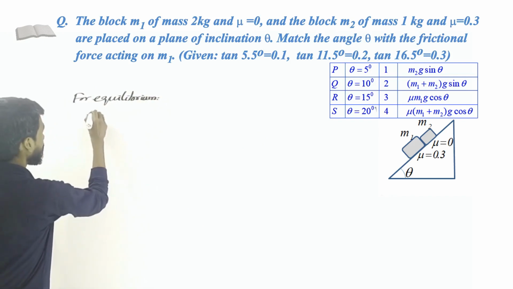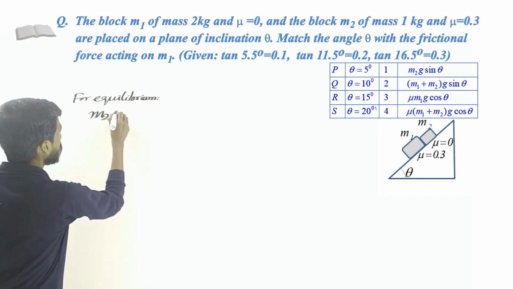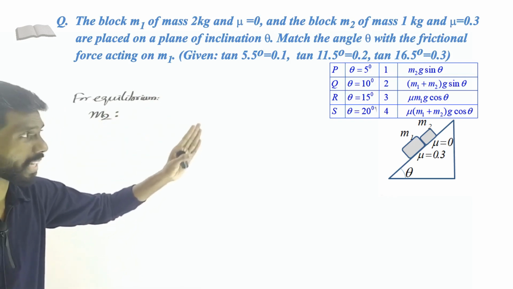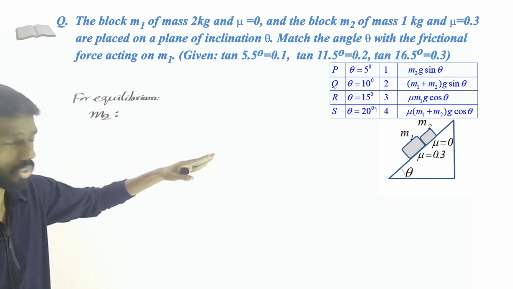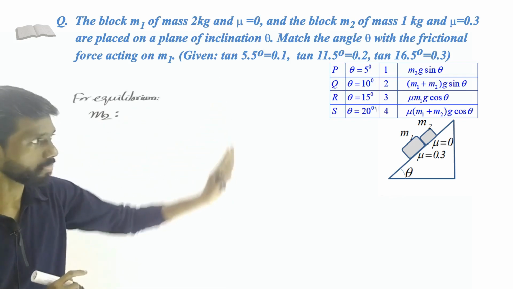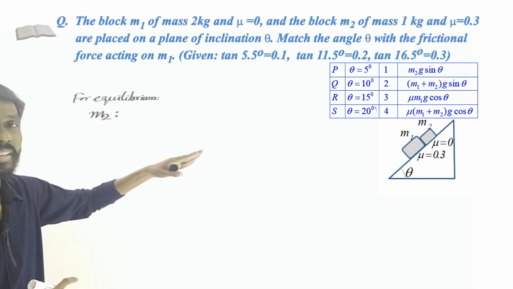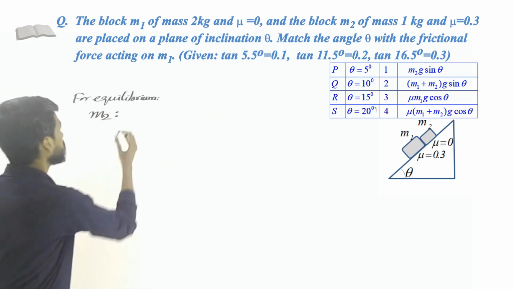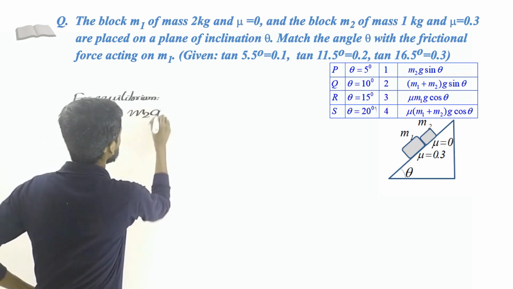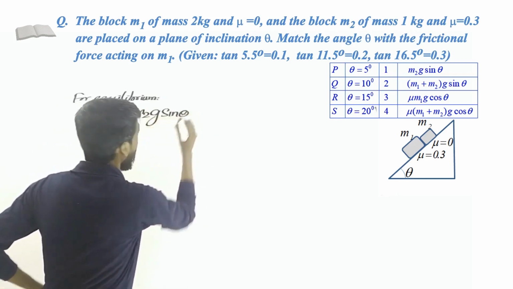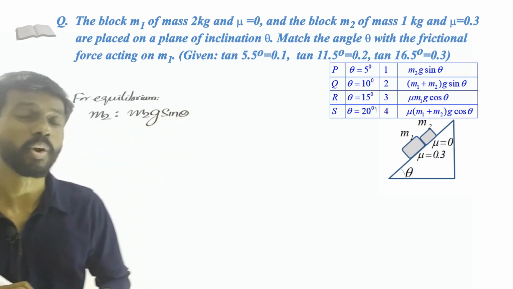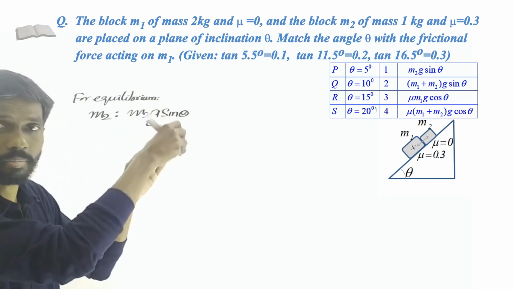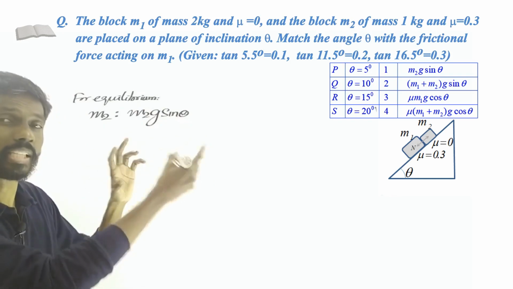What are the forces acting on M2? The component of the gravitational force in the direction of the plane: M2g, and this angle is 90 minus theta, so M2g sine theta. That is the force. We also have the normal force between these two blocks, because they are in contact, and one exerts force on the other.